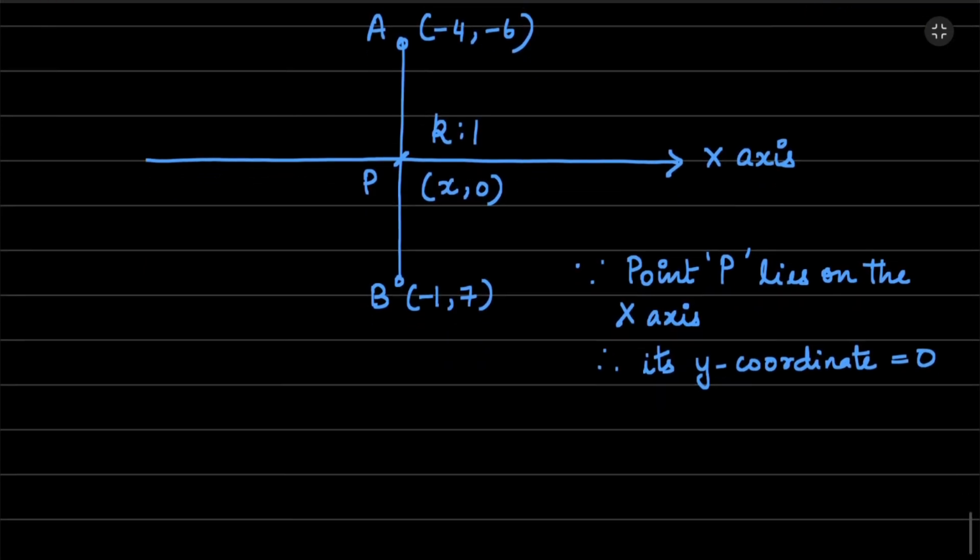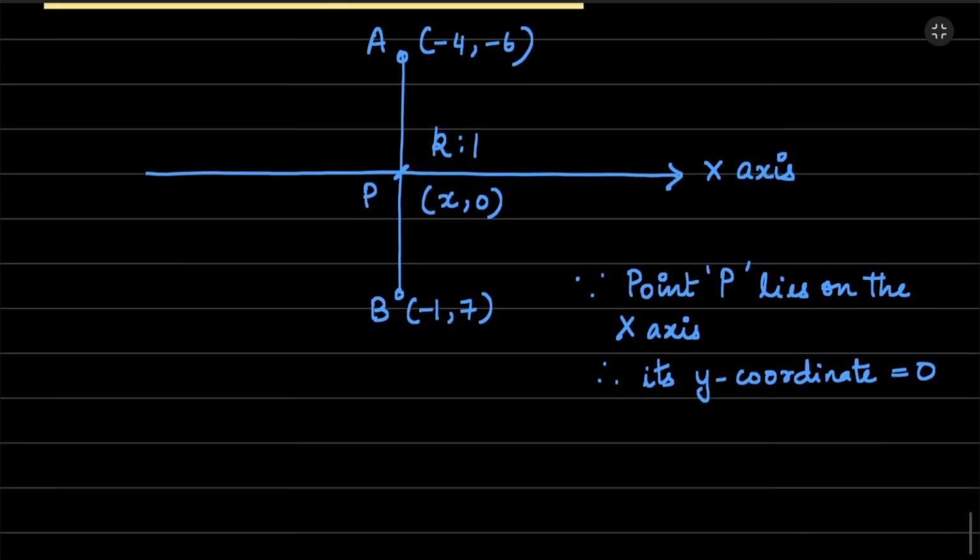Now let us find the ratio. You can use the section formula. So the y coordinate is 0. 0 is equal to, you have to apply the section formula. So 0 is nothing but the y coordinate. So k multiplied by 7, right, m into y2 plus n into y1, which is minus 6, divided by m plus n, k plus 1.